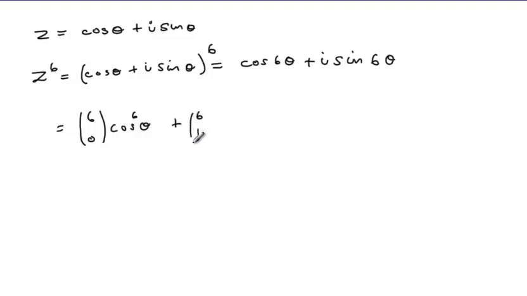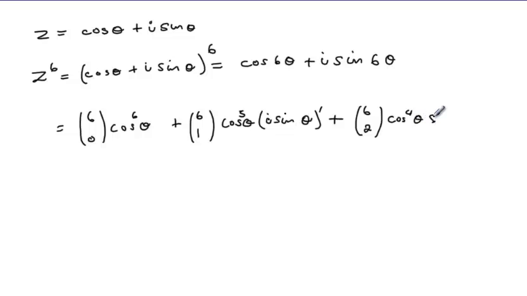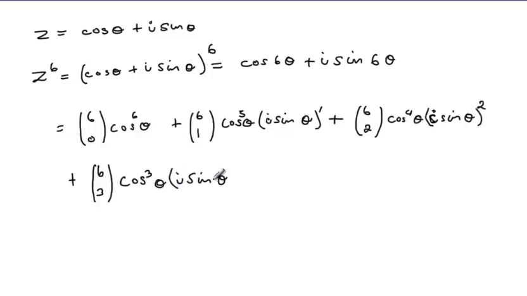6 choose 1, cosine theta power 5, I sine theta power 1, plus 6 choose 2, cosine power 4, I sine theta power 2, plus 6 choose 3, cosine power 3, I sine theta power what?